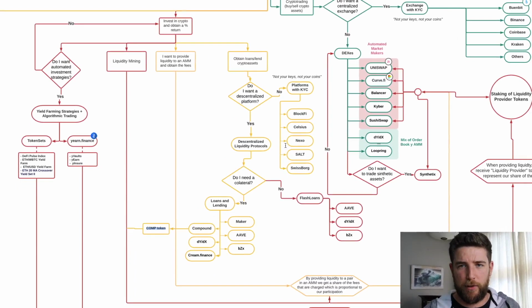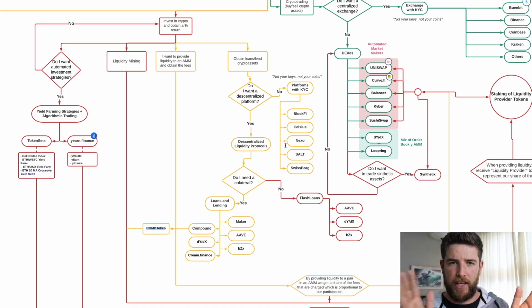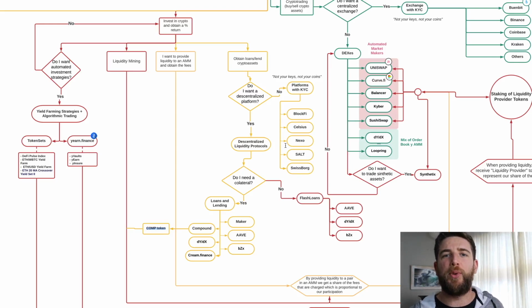There are some platforms that do it automatically for you with smart contracts, and they have what are called oracles, where they can check the price of different protocols and move the money automatically without you having to do it manually.